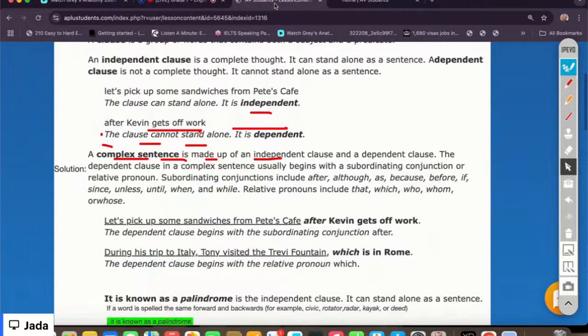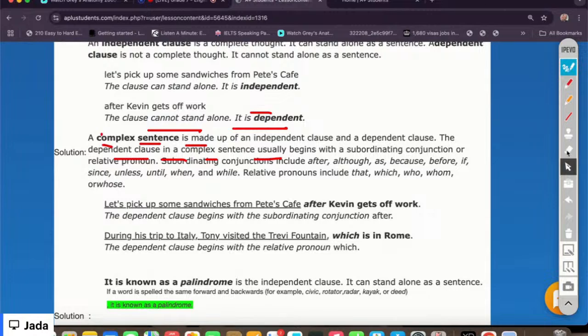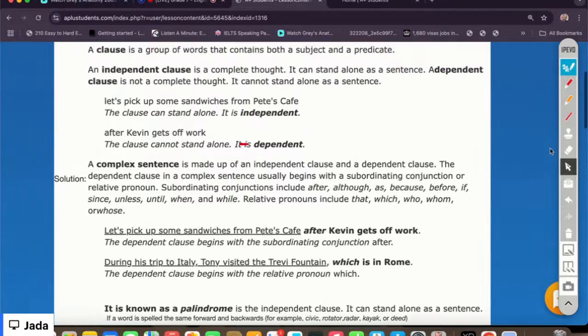Okay, so we have a complex sentence now. A complex sentence is made up of an independent clause and a dependent clause. So remember that under our clauses, we have independent and dependent, right?